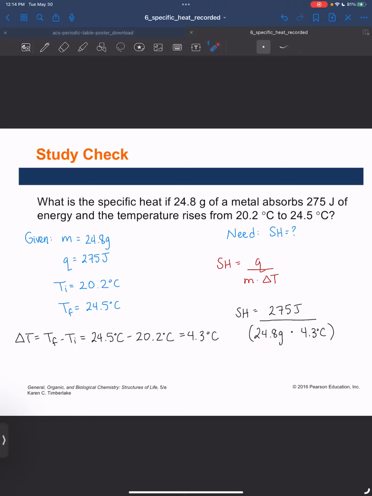So I'm going to plug in 275 divided and then in parentheses 24.8 times 4.3 into the parentheses, press enter, and I get the specific heat is equal to 2.57 joules per gram degrees Celsius.